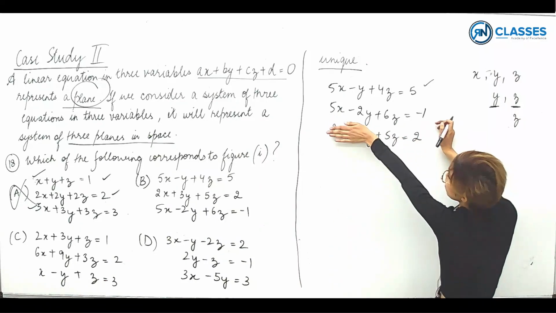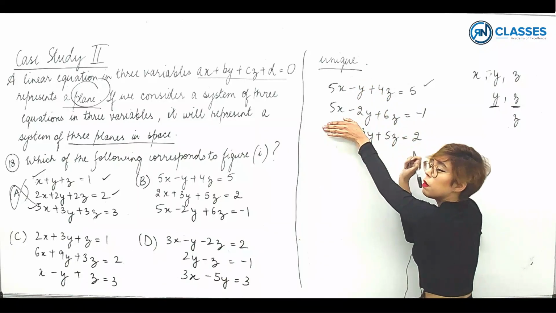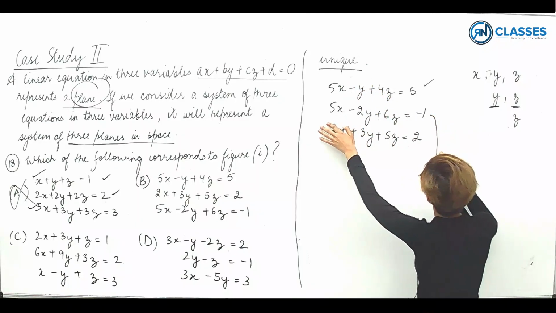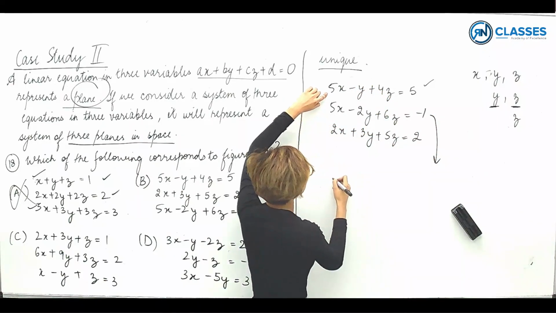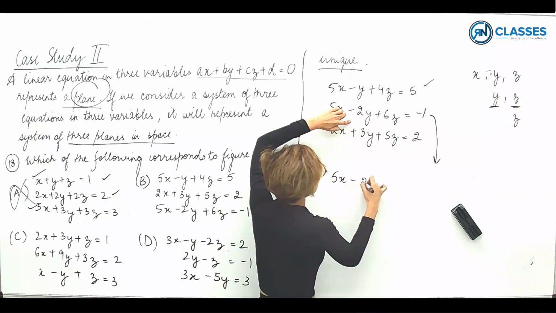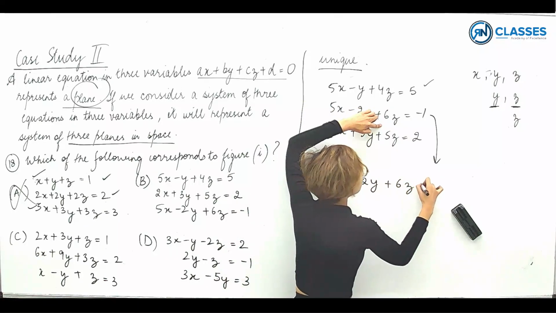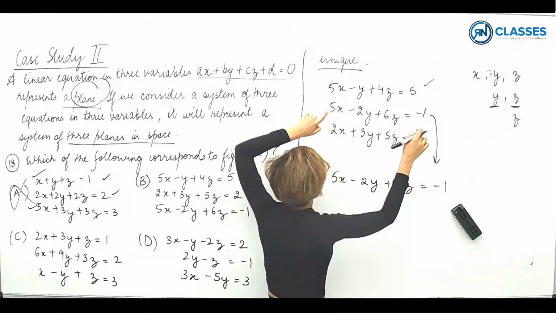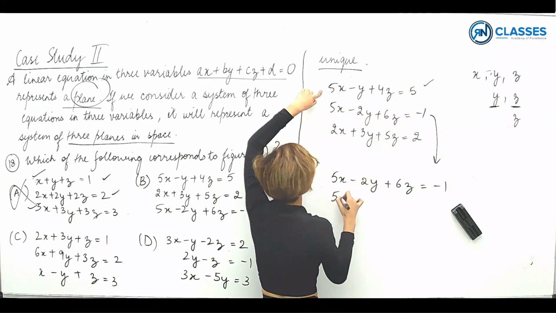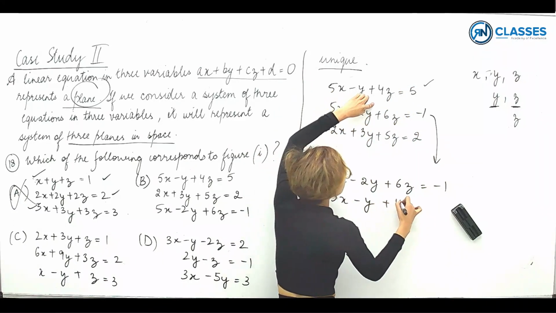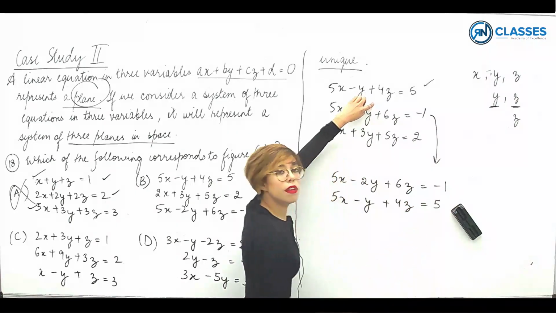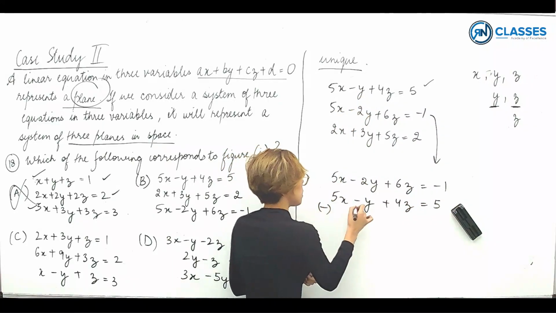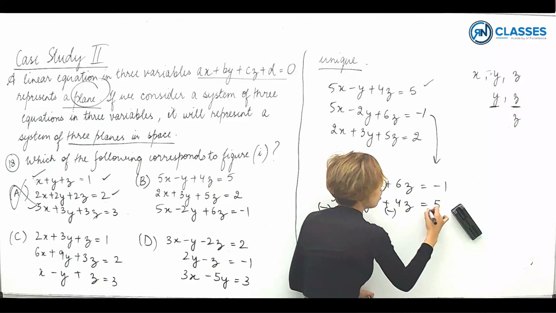What I can do is, as you can see, 5, 5. What I'll do is, instead of this equation, I will do this. 5x minus 2y plus 6z equal to minus 6 was there. Now subtract from this 5x minus y plus 4z equal to 5. Because when I subtract, sign change, sign change, sign change.